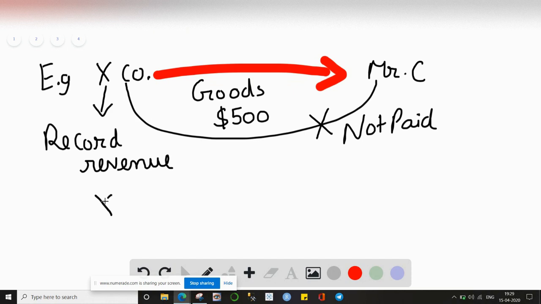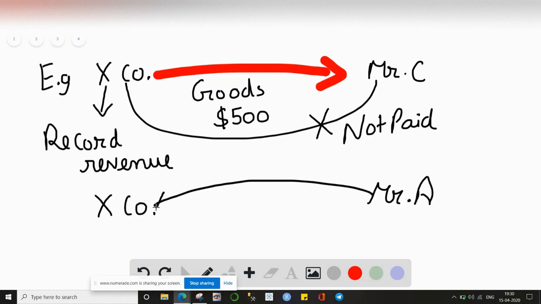And the same applies in the case of expenses also. Let's say suppose Mr. A is an employee of X company.